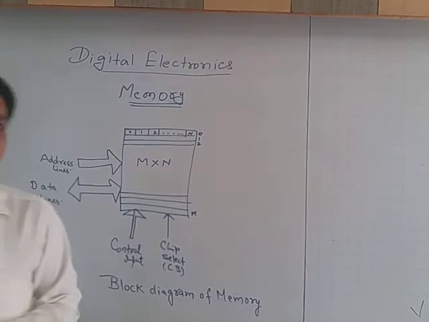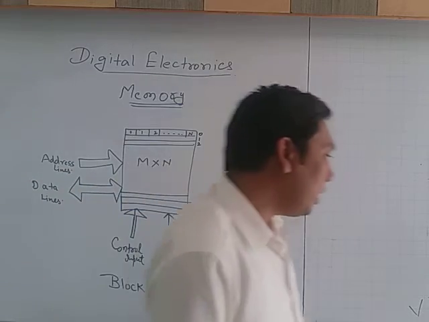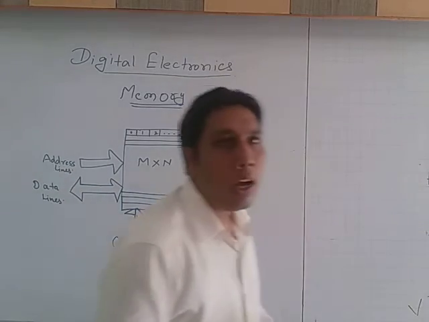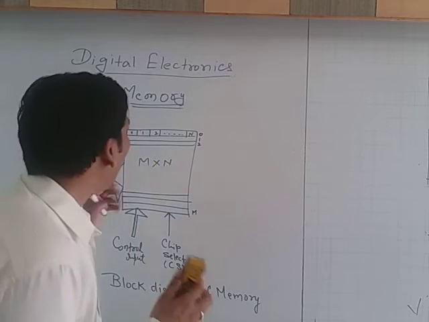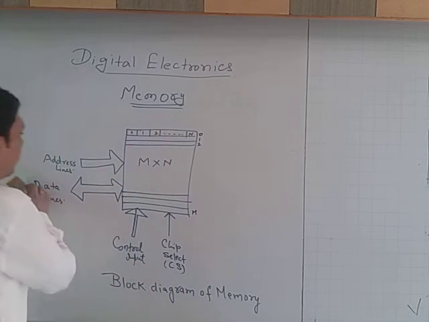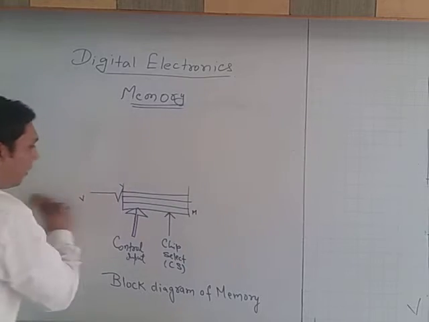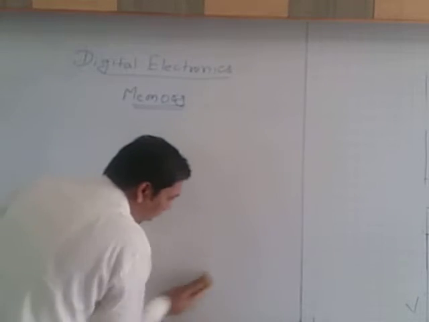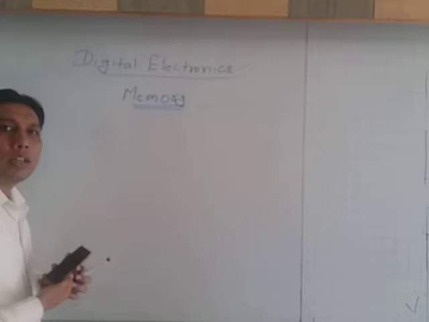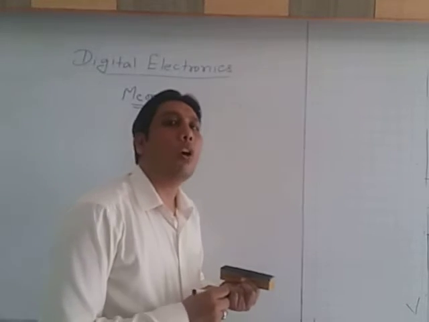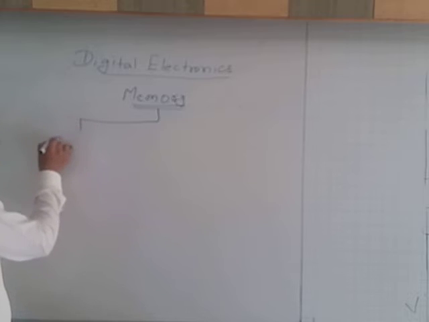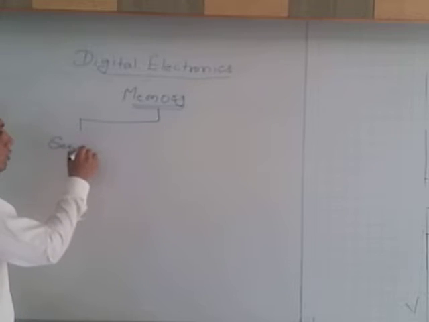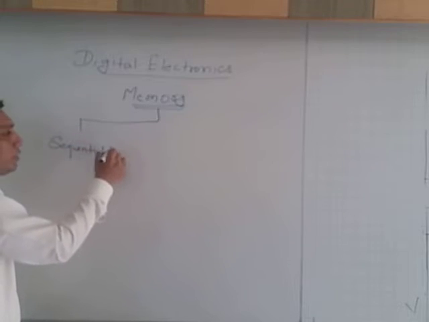Basically, memory can be classified in many ways. On the basis of access, we have divided memory into three types. So now we will discuss the classification of memory. Basically, memory is of three types. The first one is sequential access.